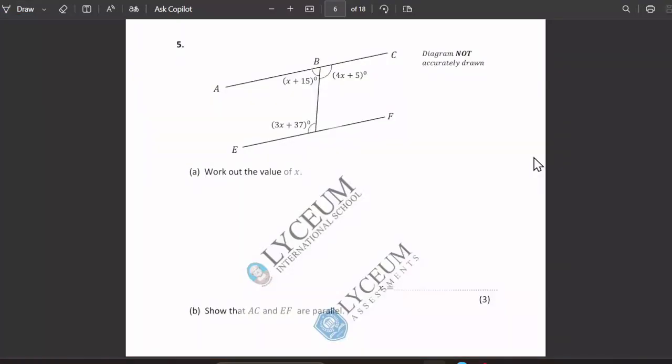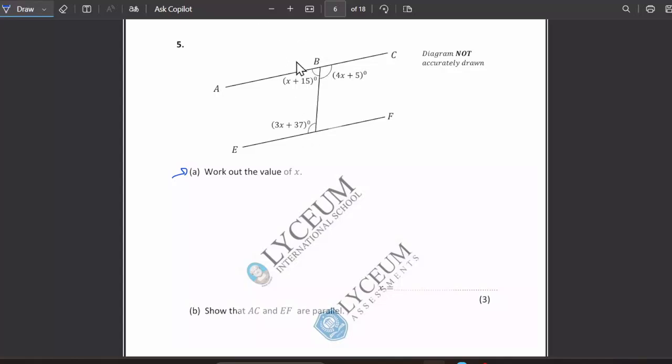In the fifth question, they are asking us to work out the value of x. So in this thing, if we want to work out the value of x, they haven't given us whether these two are parallel or not. So we can't use alternate angles.